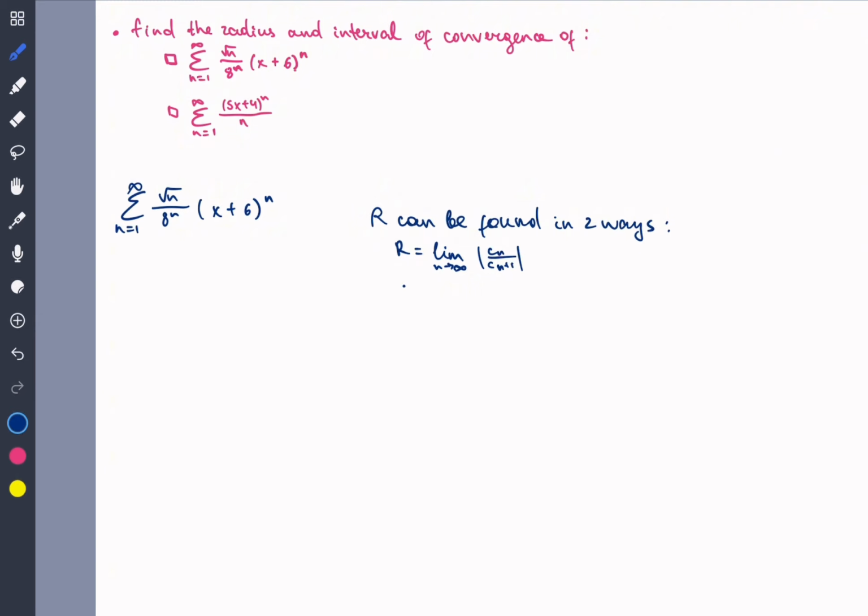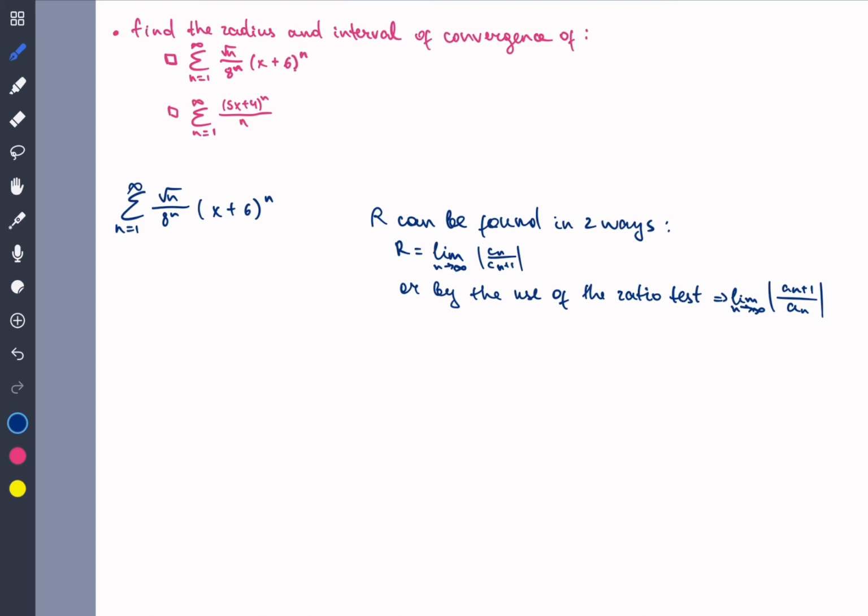Here Cn is the coefficient. Or the second way is by the ratio test. Whenever we do the ratio test, we'll need an additional step to determine the radius of convergence, because the answer we get, we have to say that it's less than 1, otherwise it will not converge.